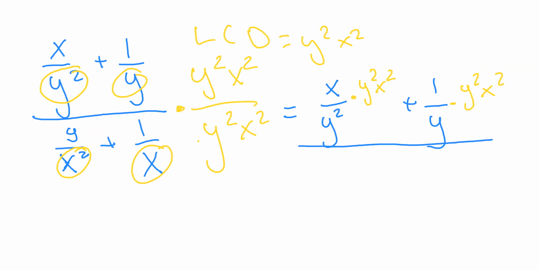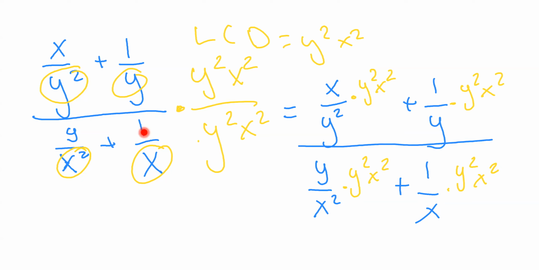And our denominator is y over x squared times y squared x squared plus 1 over x times y squared x squared. So notice how this numerator goes into the numerator of the numerators, and denominator goes to the numerator of the denominators. Okay.